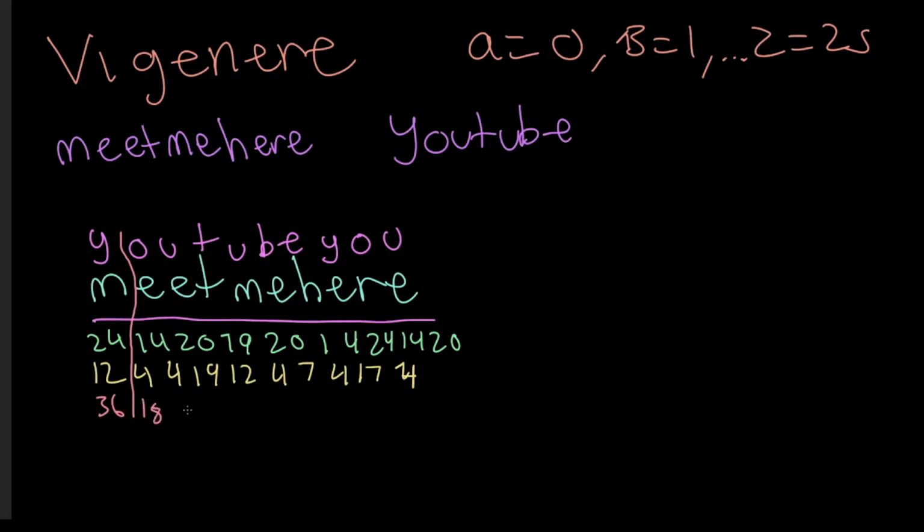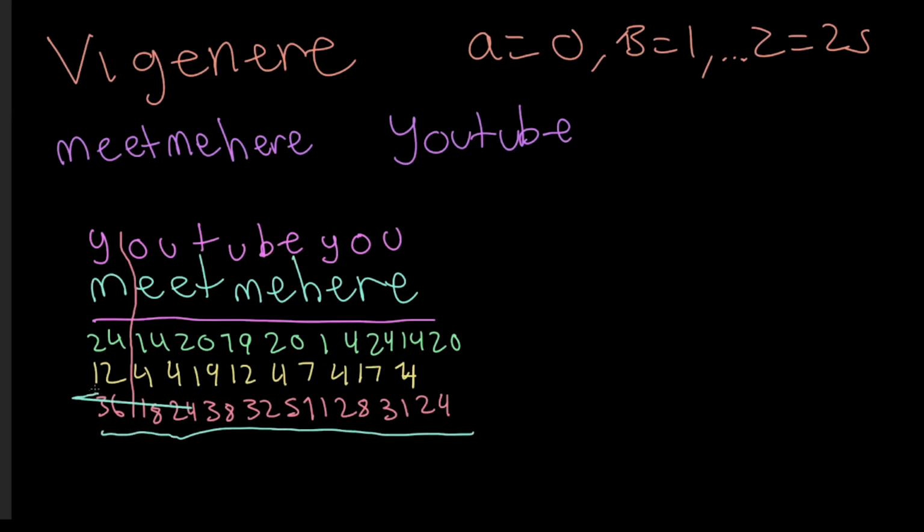We get 18, 24, 38, 32, 5, 11, 28, 31, and 24. Okay, so that's our key and our plain text added together. Just draw a little line to separate things a little bit.